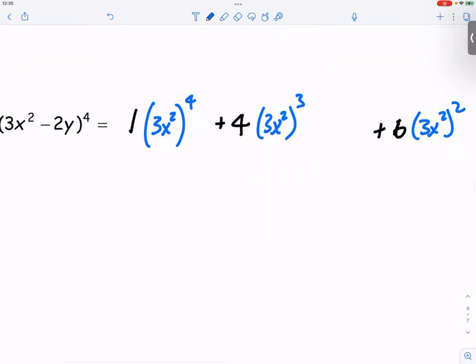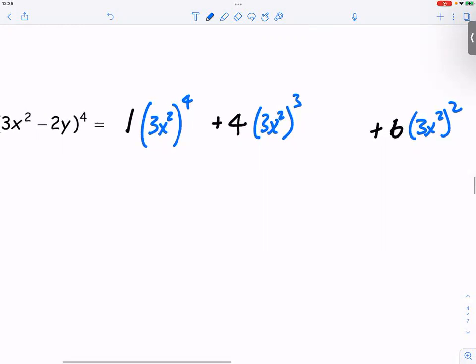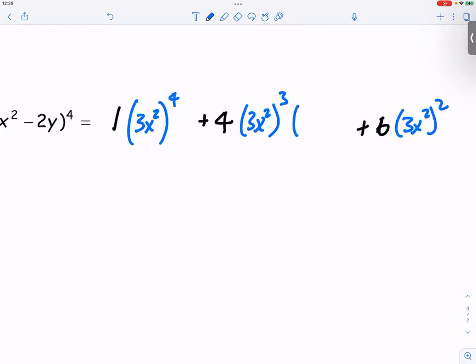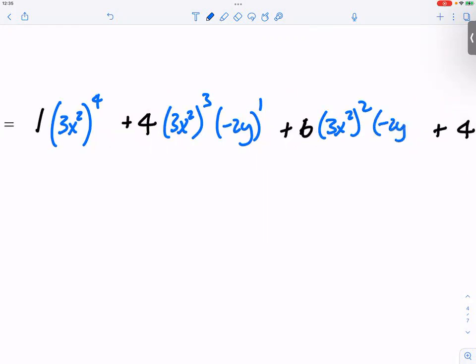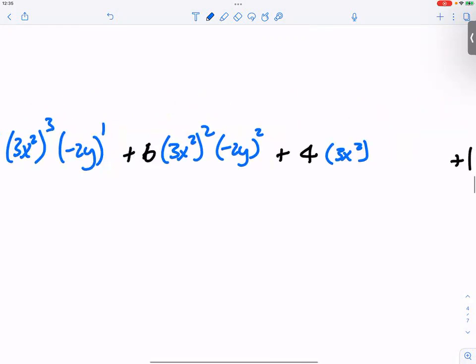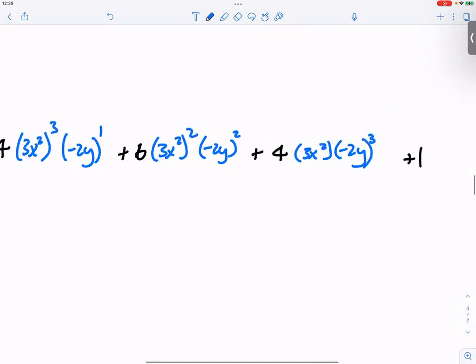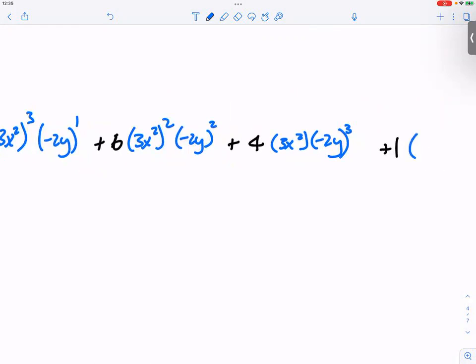The B term is minus 2y to the 0 power. Well, we don't have to write it because it's just 1. And then minus 2y to the 1st power, minus 2y to the 2nd power, minus 2y to the 3rd power. Oops, out of the parentheses. And last but not least, minus 2y to the 4th power.